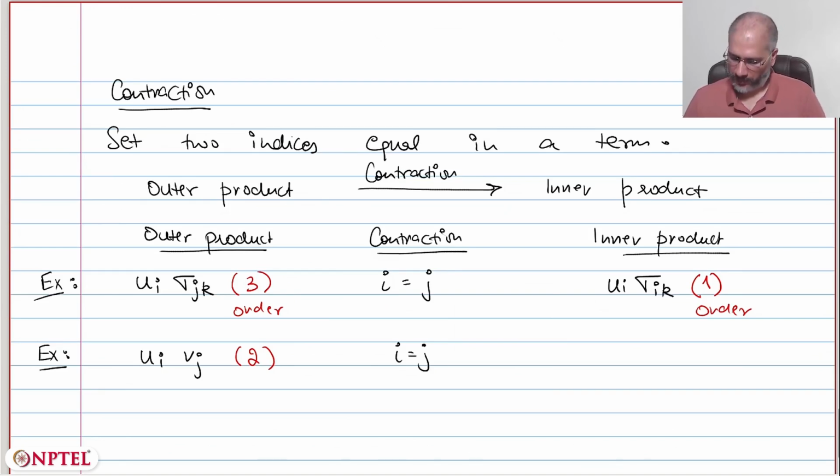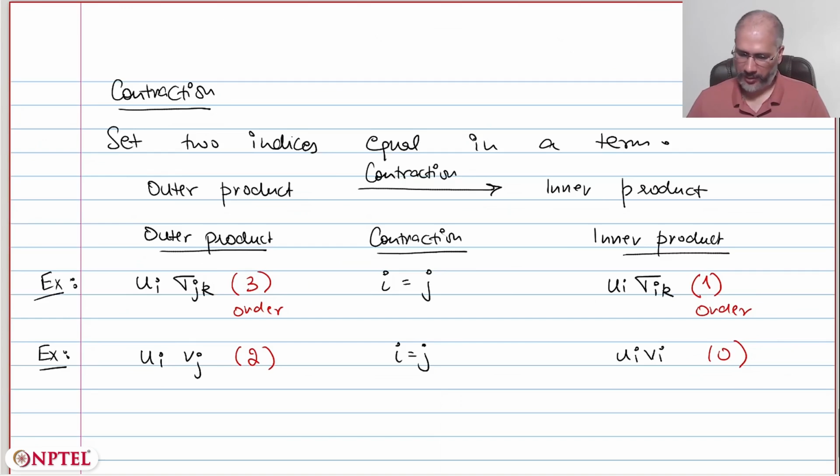And when we do that, we get ui vi, which we know is the dot product of vectors u and v, which is actually a scalar, and you can see that here as well because we have no free index now in ui vi, so the order of this is 0. So again we see that we were able to define an inner product, that is ui vi, using an outer product ui vj by applying a contraction on it.